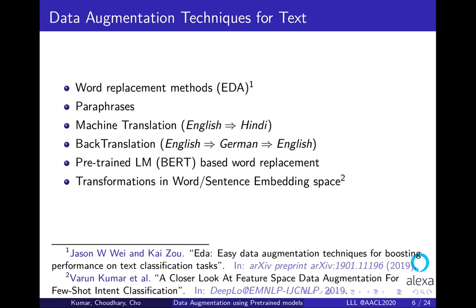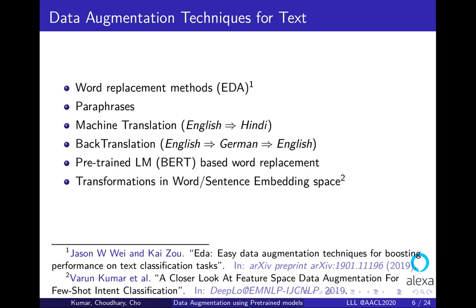Machine translation is another way to generate training data for tasks where we have training data available in another language. For example, if I am doing tweet classification in Hindi, I can generate more training data by translating English Twitter data. Back translation is another excellent method for data augmentation. It is quite widely used in NLP research. In back translation, we can translate English data to, say, German, and then German to English to generate more data.